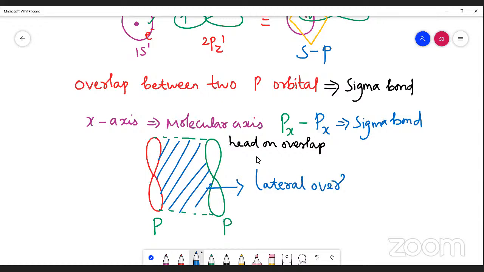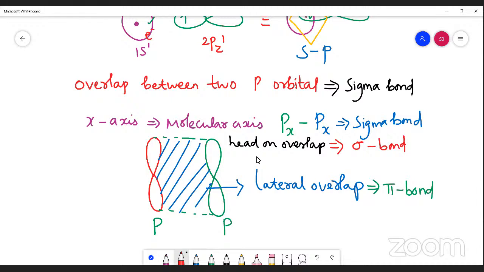This is called lateral overlapping. We always know that lateral overlapping results in a pi bond, and head-on overlapping results in a sigma bond.